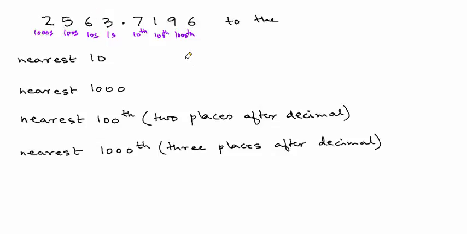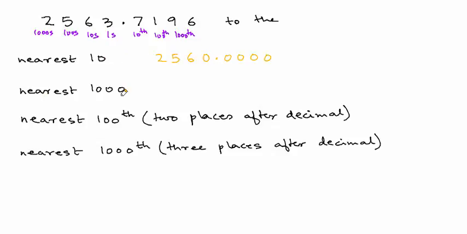Everything to the left of the 6 stays the same, so it's still a 2 and a 5 and a 6. And everything to the right of the 6 changes to a 0. All these zeros don't really matter. What it means is this number 2563.7196 would round to 2560 if rounded to the nearest 10.